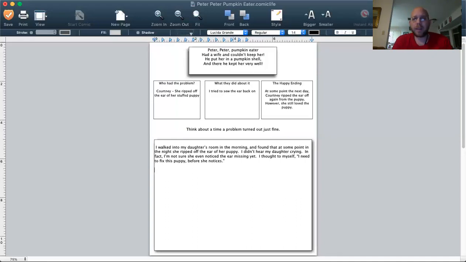Now I'm going to take a look at my second box. Once again, bare bones. I tried to sew the ear back on. That's not a lot of stuff, but I can take that and add on to it. I took the puppy to my bedroom and got out a sewing kit. I began to try my best to sew the ear of the puppy back on to the head.